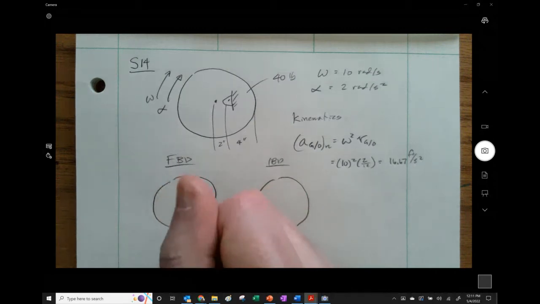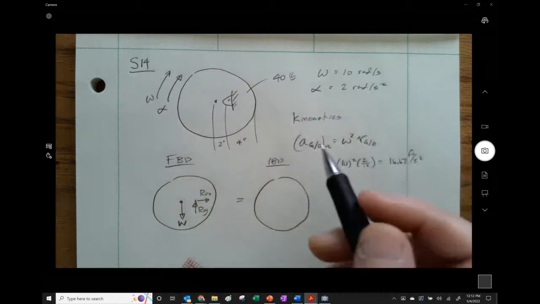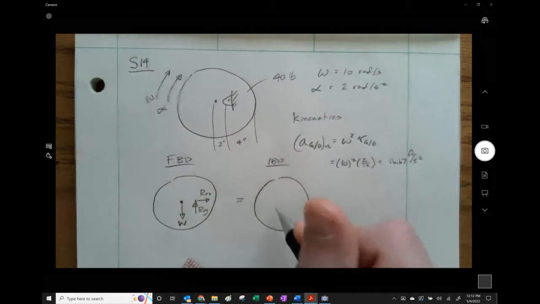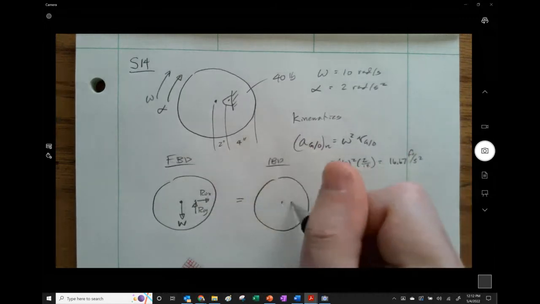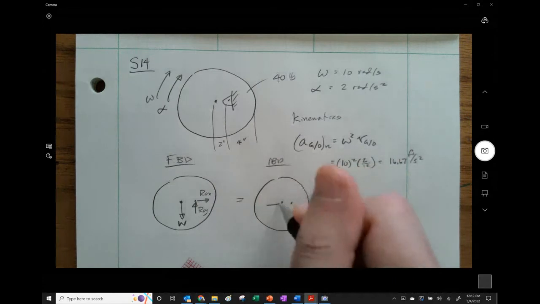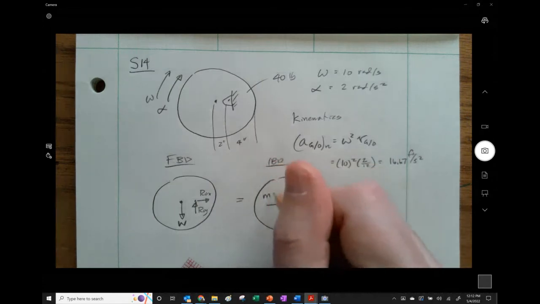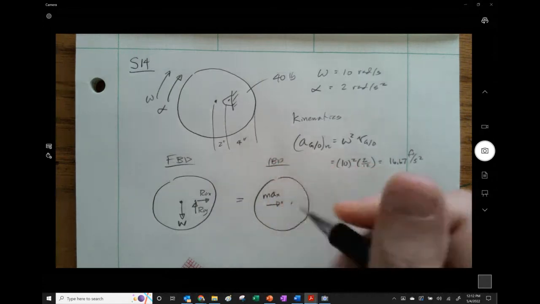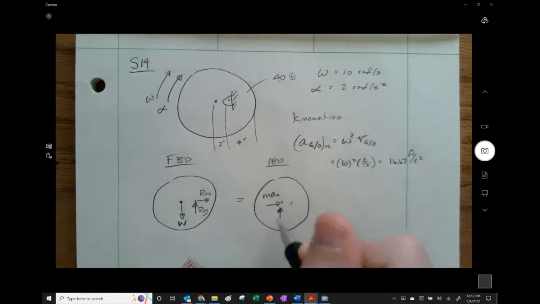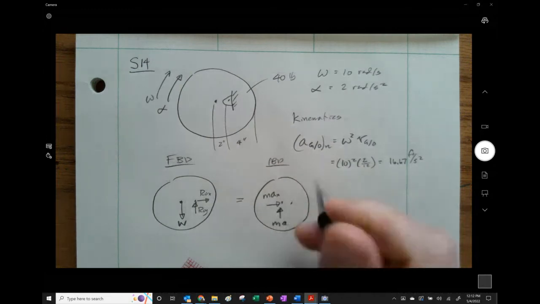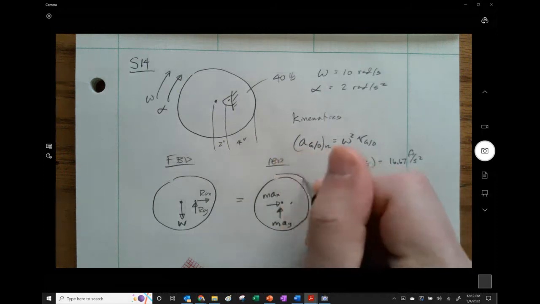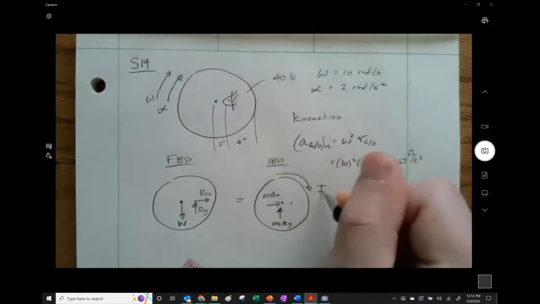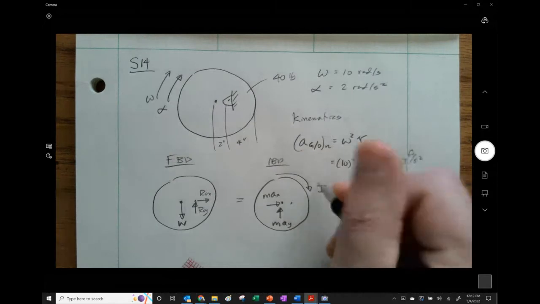That's okay. Even though the thing is 40 pounds, and then over here at the center of mass, I'm drawing it right there and right here, we have MAX, and here is MAY, and then right here we're going to have I alpha.